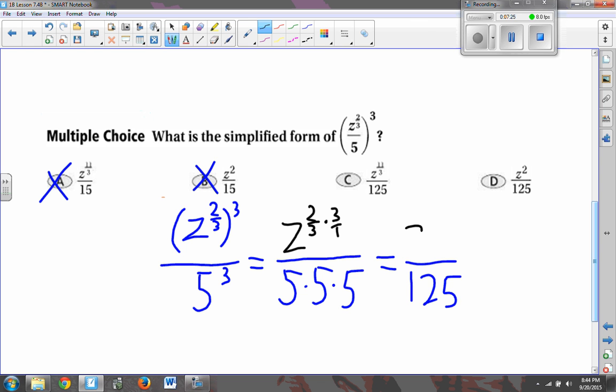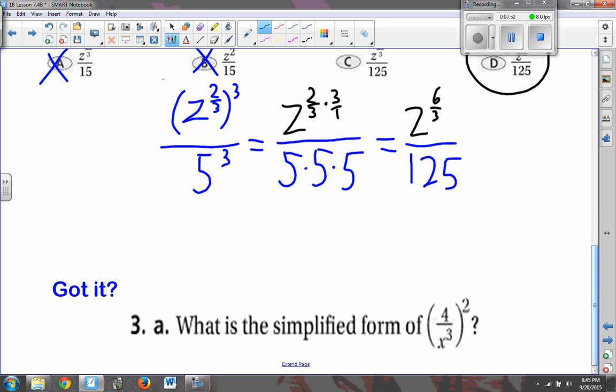So this is z to the 6 over 3. Now hopefully you know that 6 divided by 3 is just 2. So my answer is letter B, z to the second power over 125. That just comes from raising each of my pieces to the third power individually and dealing with each of them by themselves.